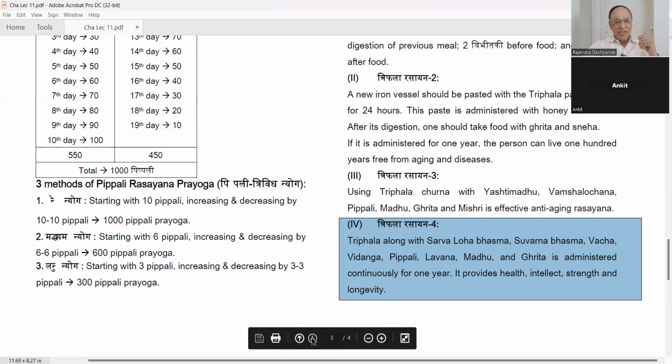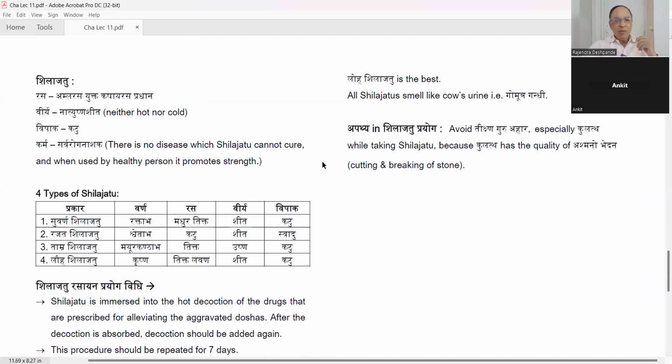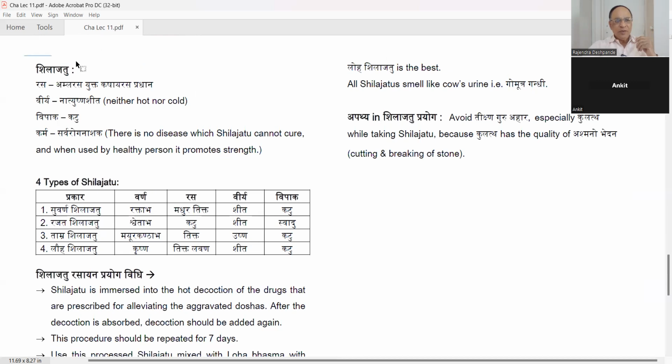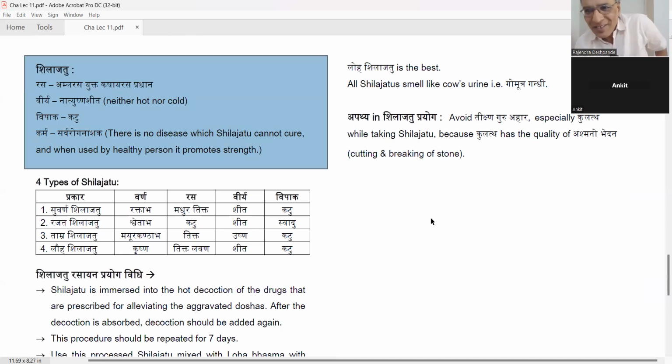Let us move further to the next page. So, we are now starting to talk about Shilajatu. First, as usual, we will try to see the Rasa, Virya, and Vipaka of Shilajatu. Rasa is Amla Rasa Yukta Kashaya Rasa, astringent.